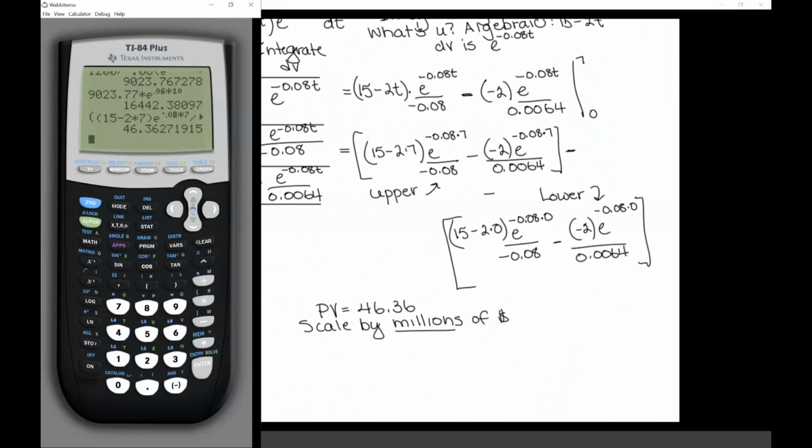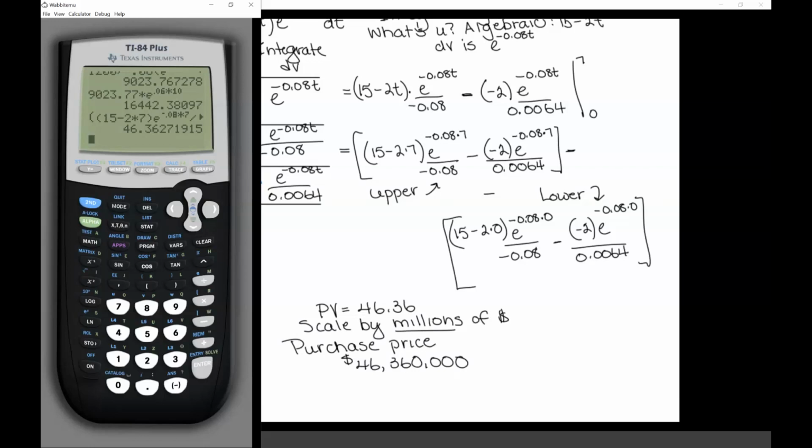Billions of dollars. So a purchase price would be about $46,360,000. You're scaling by millions.